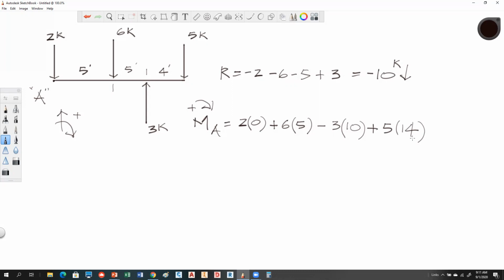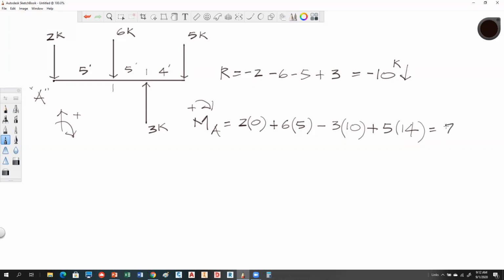So when we solve this, let's see what we come up with. We've got 6 times 5, 3 times 10, plus 5 times 14. What are we getting there? Anybody get an answer? That's 70. 70 plus or minus?